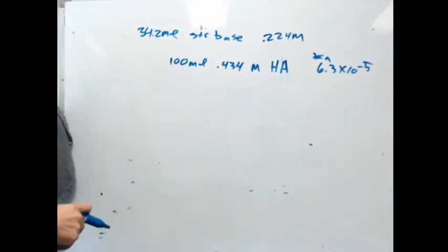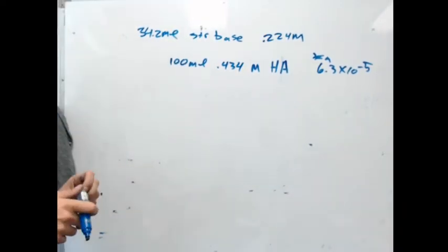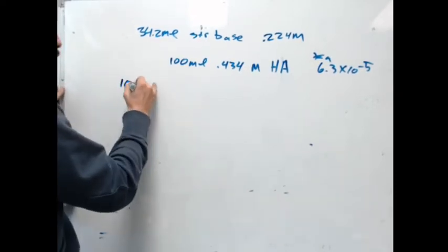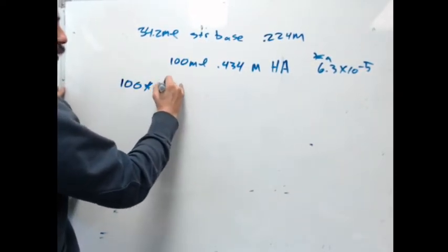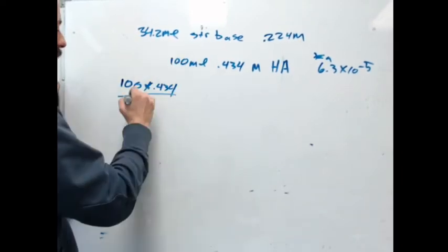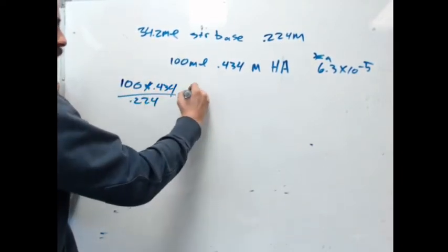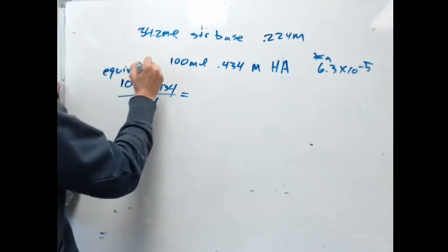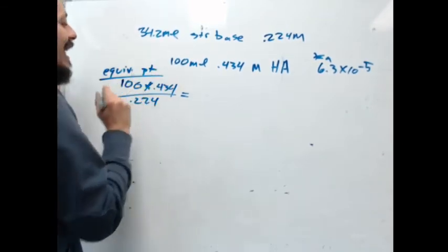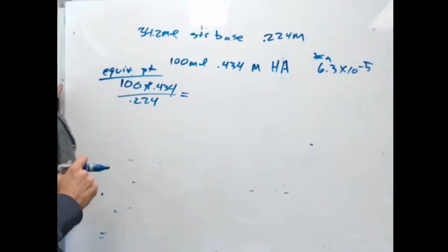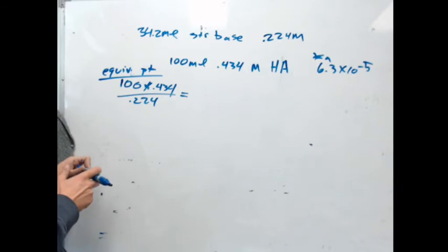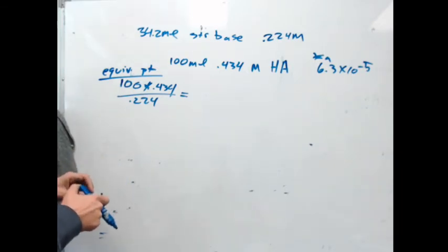Let's go ahead and do our logical thinking to see if we can eliminate some options real quick. I'm going to do 100 times 0.434 divided by 0.224. Before I even look at the options, I'm going to start thinking. It's going to be about 200 milliliters.